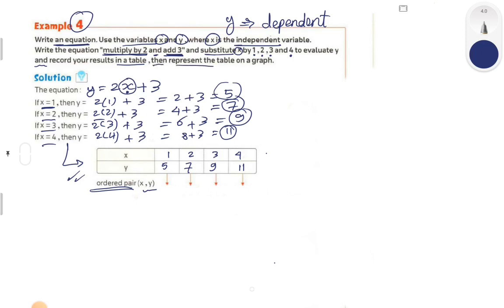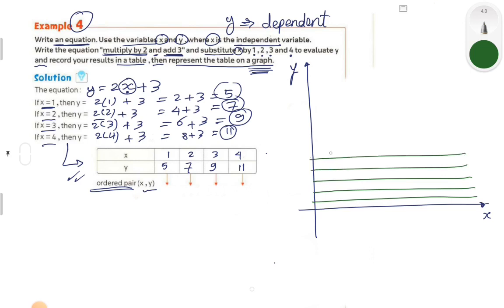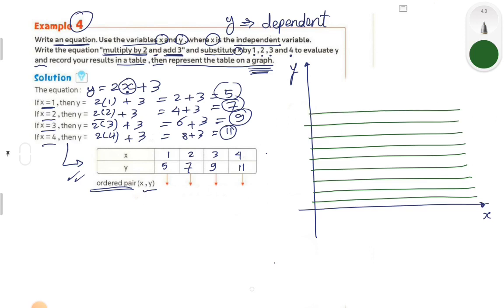Then represent the table on a graph, the coordinate plane. Right? I will draw the x-axis and y-axis, and you will find some lines like that in your notebook, right?